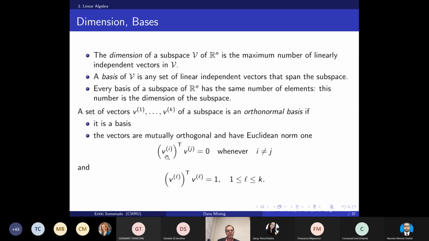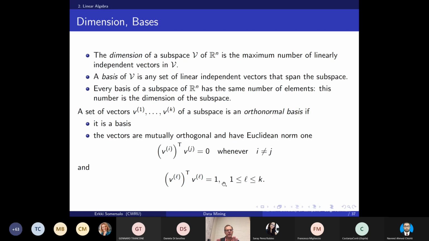So if I take the inner product of two vectors with different index, I get 0. So these vectors are mutually orthogonal. And when we say orthonormal basis, we assume that these vectors are normalized, so that the Euclidean norm of each of those vectors is 1. That means the inner product of vl with itself is 1.